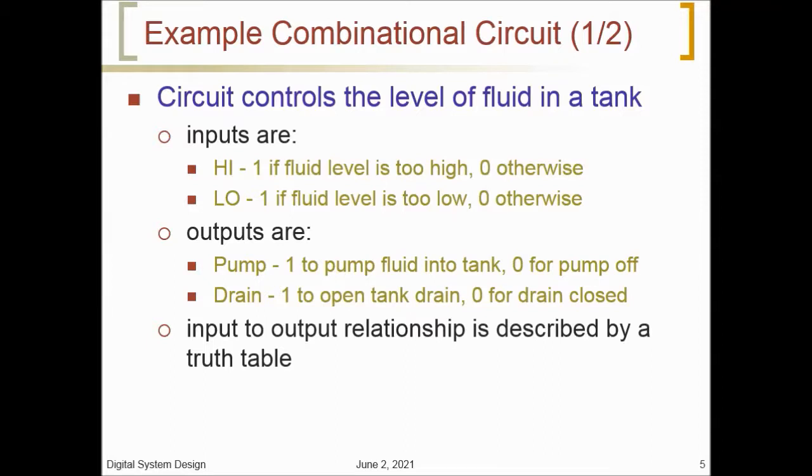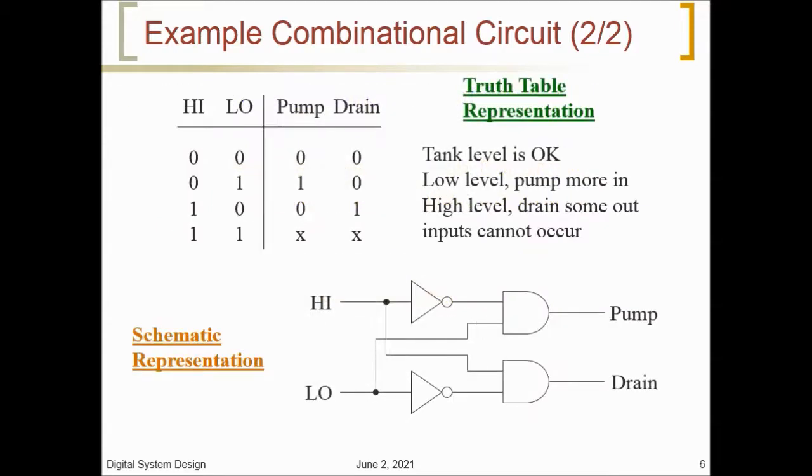The input and output relationship, as we discussed here, is described by a truth table. If we build a truth table of these two inputs and the outputs, we have two inputs, high and low. If both are 0, 0, it means neither drain nor pump is running.